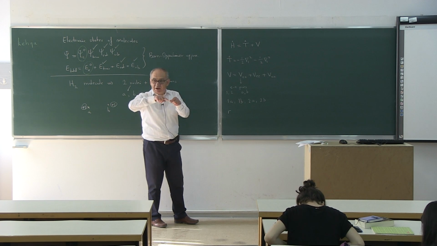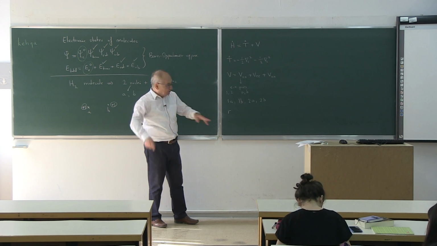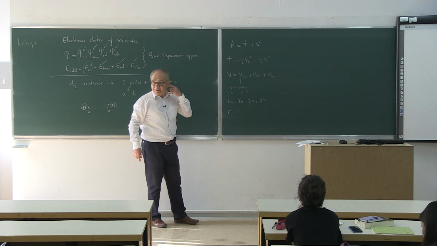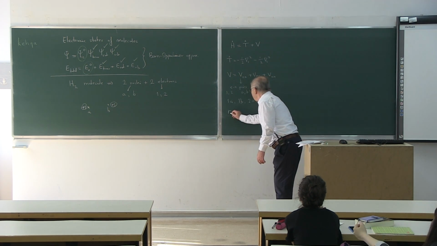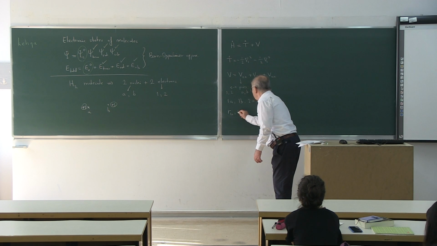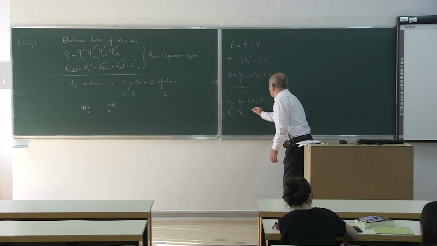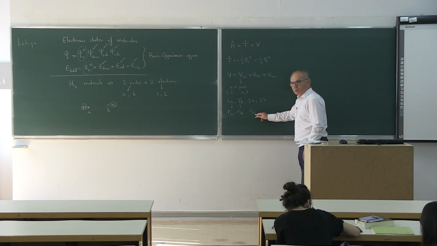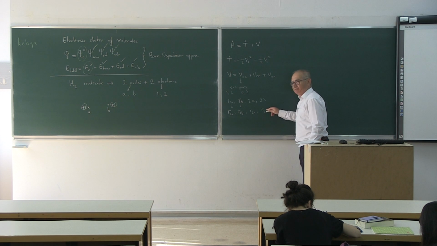Whether the charge is another electron or a nucleus, it doesn't matter. We use the standard symbol, small r, to indicate such a distance. In this case, the distances are labeled r1A, r1B. These are the distances. This is r2A, the distance between electron 2 and nucleus A, and the distance between electron 2 and nucleus B.